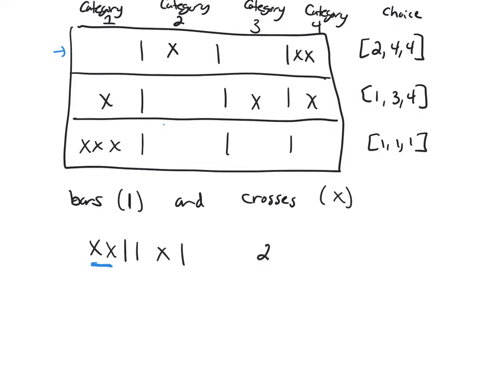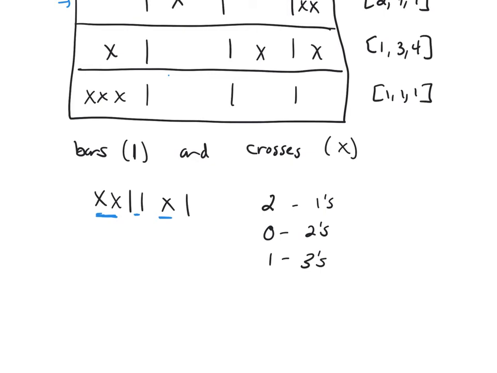So I have 2 ones. There's nothing between these 2 bars, so I have 0 twos. I have 1 between these 2 bars, so I have 1 three. And there's none after this last bar, so I have 0 fours. So what multi-set would this be? I selected 1, 1, and a 3.